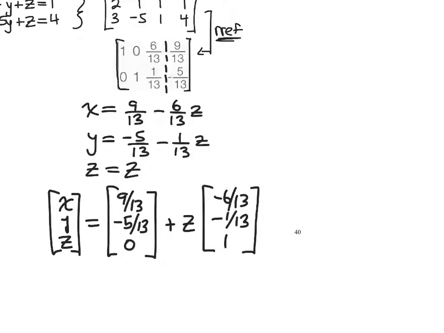So 9/13 minus 6/13 z. I mean, I'll use t because I already have t stored in there, but it doesn't matter what you plug in. Then we'll have negative 5/13 minus 1/13 t.